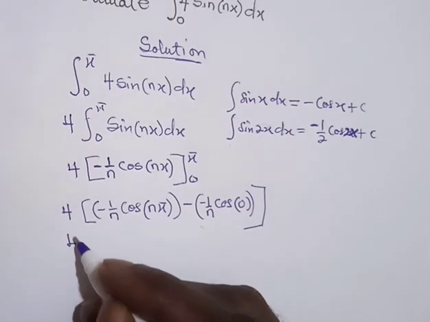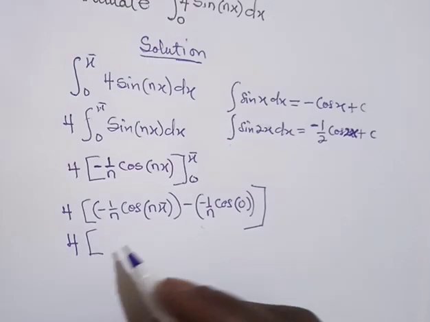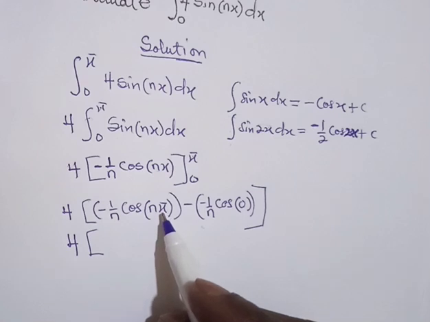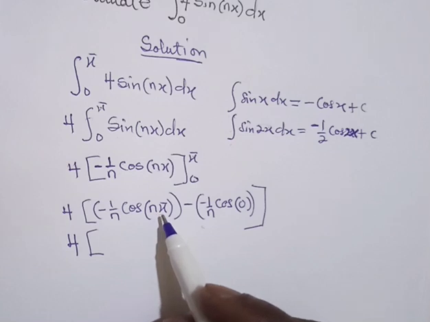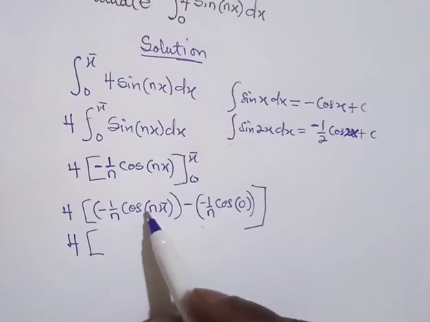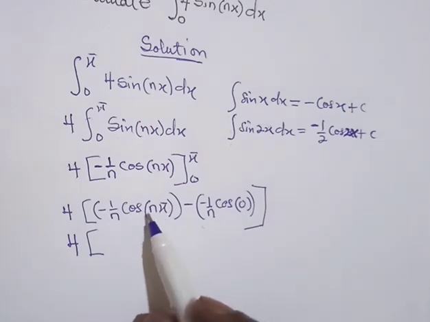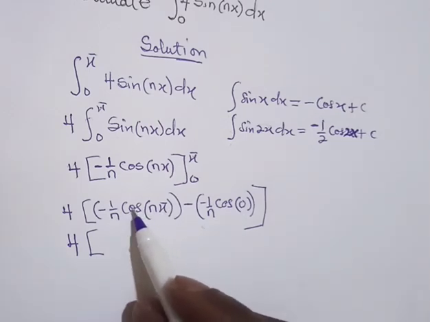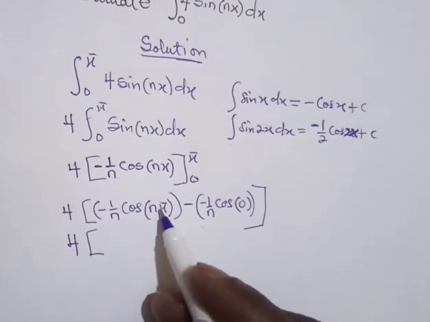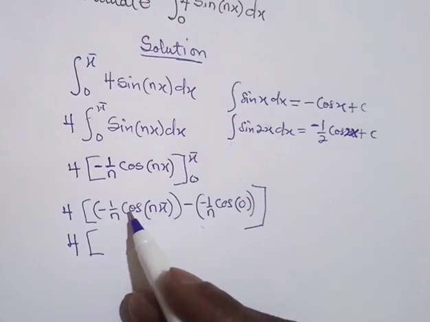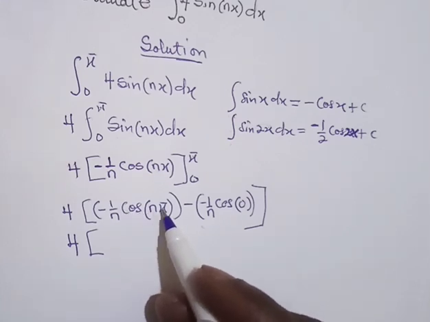Good. So let's still put the 4 out. Because we are working with pi now, if you want to use the calculator, I would advise you to put your calculator in radians. So if you are working in radians, then cos pi will give us negative 1. If you have your calculator, you can type it and see if you get the same thing. So cos pi will give you negative 1.